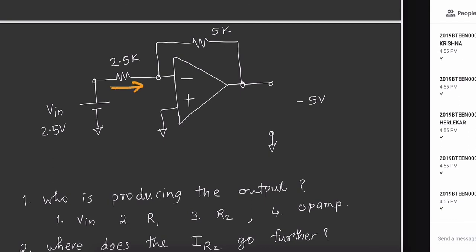This is IR1. This is the same as IR2. Now this current is coming like this. Now is there any RL load resistor? Is it there? No. Then will this current be interrupted, broken? Will current flow if there is no closed loop?